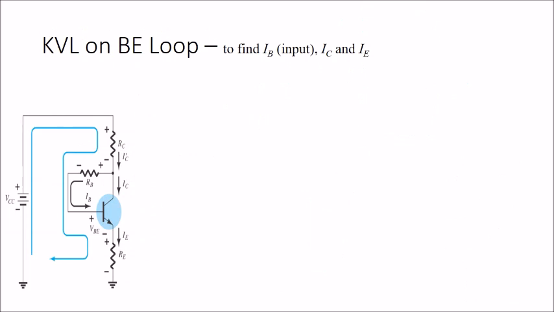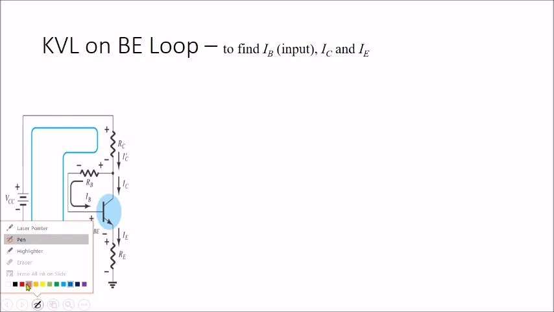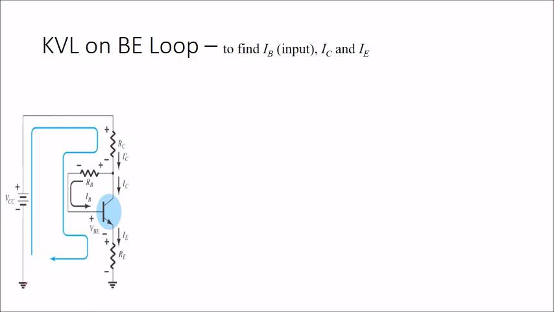Now KVL on the BE loop. Our target is to find the values of IB, IC, and also IE. Let's start with the VCC. Going clockwise, it should be minus VCC, and then plus the voltage drop at the RC. The current here is IC prime.